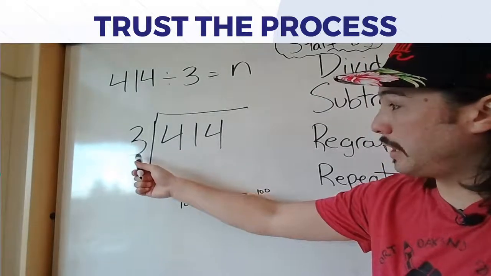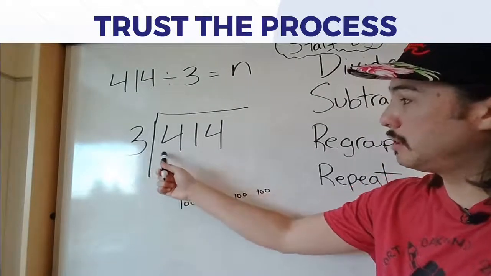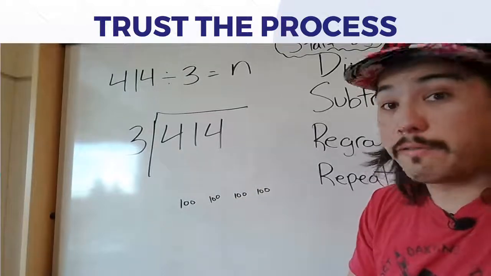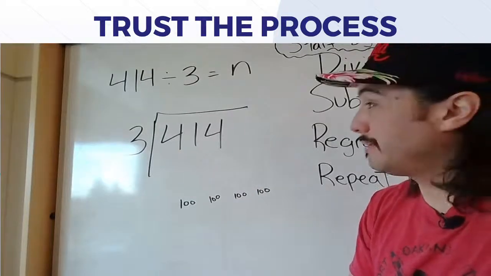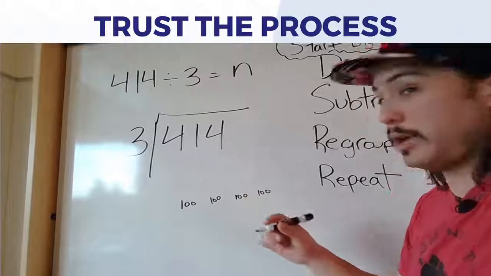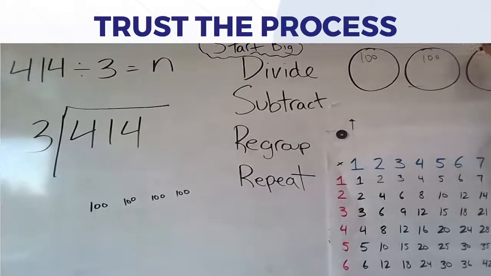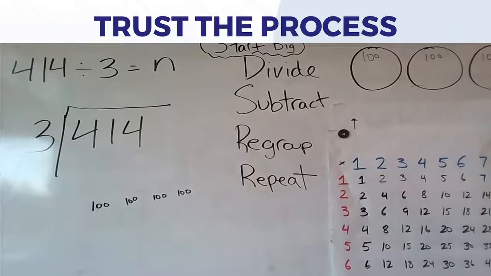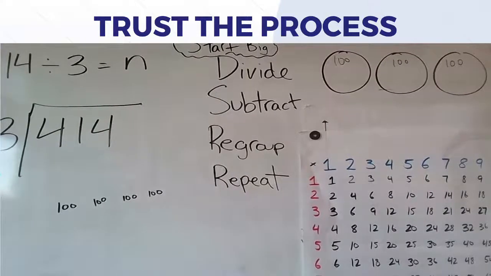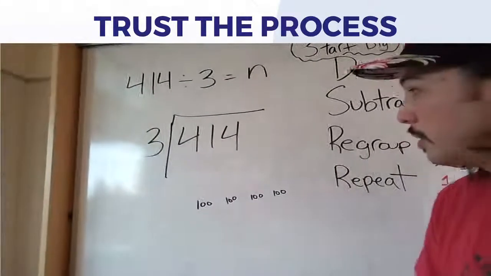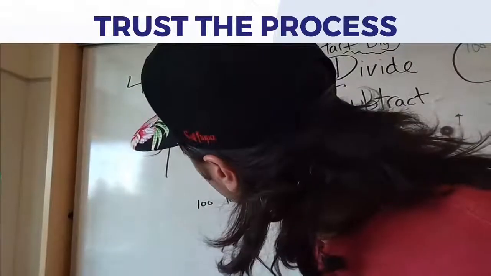Essentially, we're thinking how many groups of 3 can I make with 4? In this case, I can make 1, right? I can put 100 in each group, just like that. And I'm going to show it here by putting a 1 above the hundreds place.